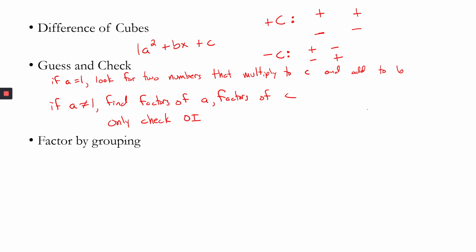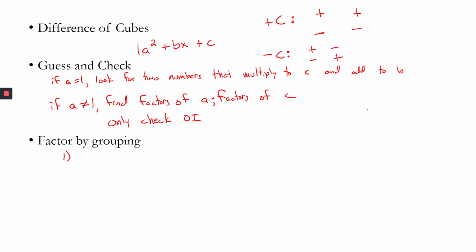Because in this first step, you already figured out that the F in FOIL is going to work, the L in FOIL is going to work, so you're just going to check the O and the I. And unfortunately, there's not a good way to do these quickly. It's really just if you happen to get the right number first, you're set. If not, then you just have to erase it, start over.